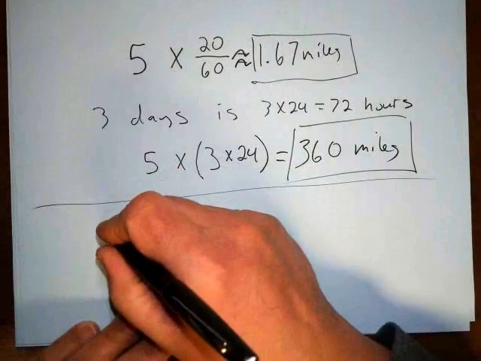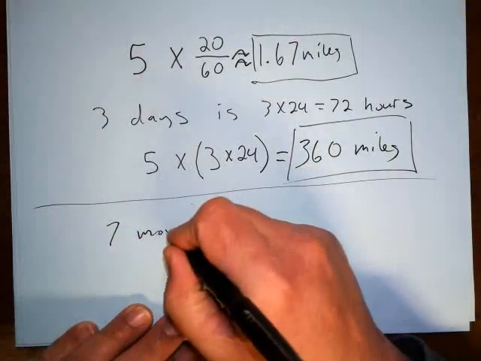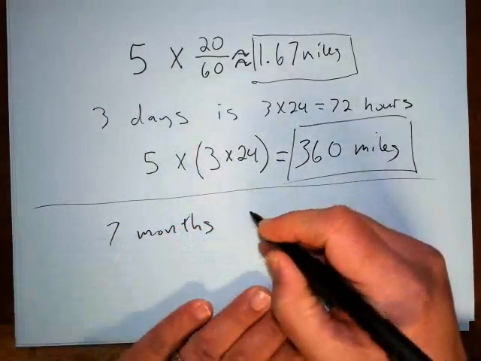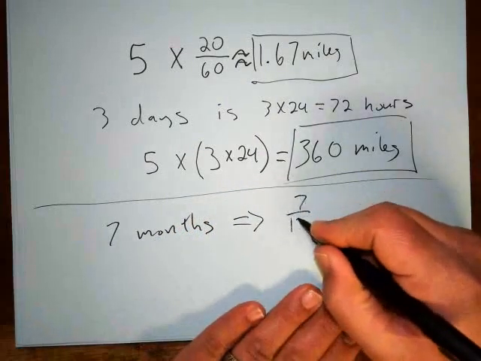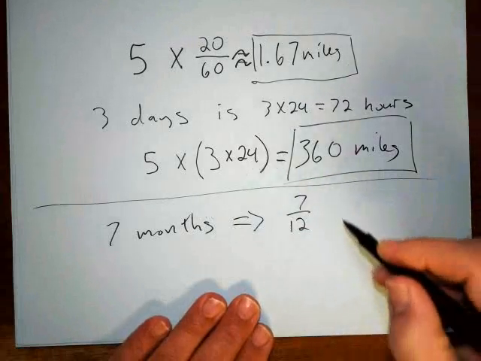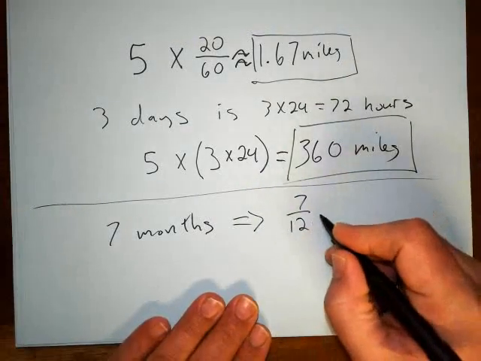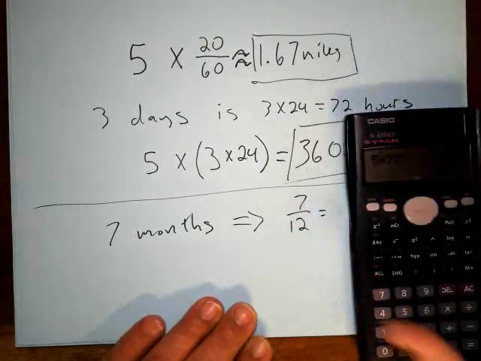So let me kind of show you. So let's say I have 7 months. And that's going to be, I would take 7 over 12. It's like I'm taking the year, dividing it into 12 pieces, right? And I get 7/12 of a year.